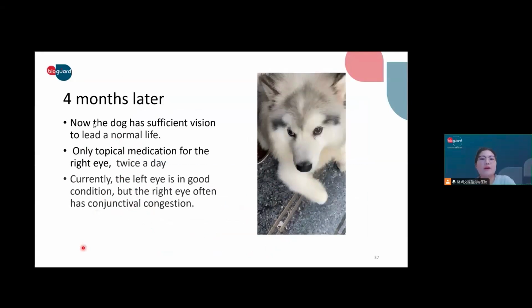He only gave the dog topical medicine for the right eye twice a day, and currently the left eye is in good condition, but the right eye often has conjunctival congestion.